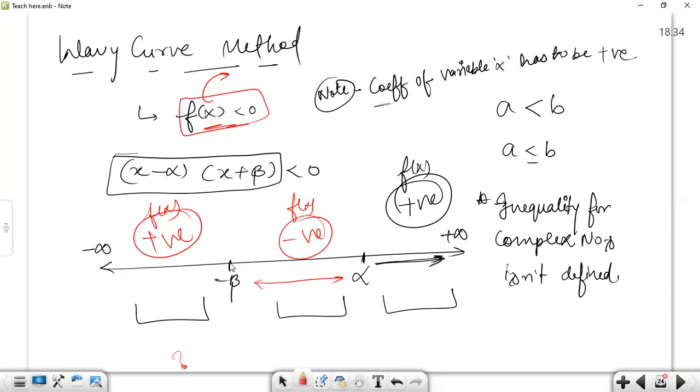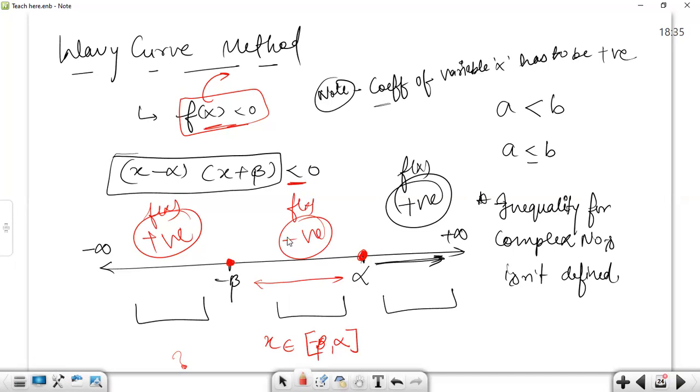Now the question is, should we include minus beta or alpha or not? It will depend on whether the inequality includes the equality condition or not. If the inequality includes the equality sign also, then we consider these as nodes and include the values of alpha and beta, and we write that x belongs to minus beta to alpha, with minus beta and alpha also included.